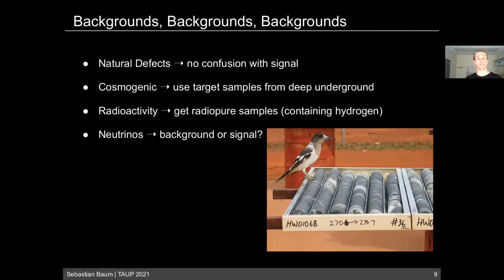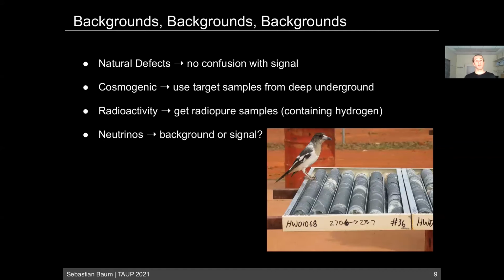One way you could get such samples is from deep boreholes, because we're not talking about operating a ton-scale experiment in an accessible underground mine or some similar laboratory, but about getting a relatively small, maybe 100 grams or so of target material. You could get this from something like what's pictured here. These are bore cores from ultra-deep boreholes, which people drill regularly to depths of up to something like 10 kilometers. If you could get such material from a depth of greater than something like 5 kilometers, backgrounds from cosmic rays would be essentially negligible.